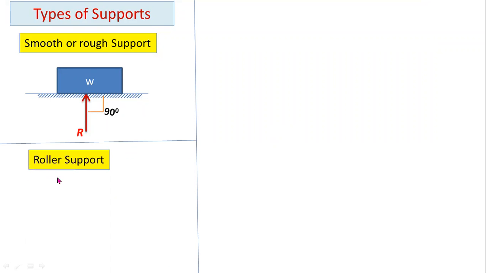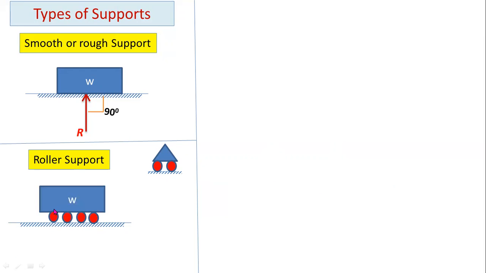Now the second one is a roller support. This is the symbol for roller support. These two are the rollers. Let's consider a block of weight W. Now here this is the horizontal support.